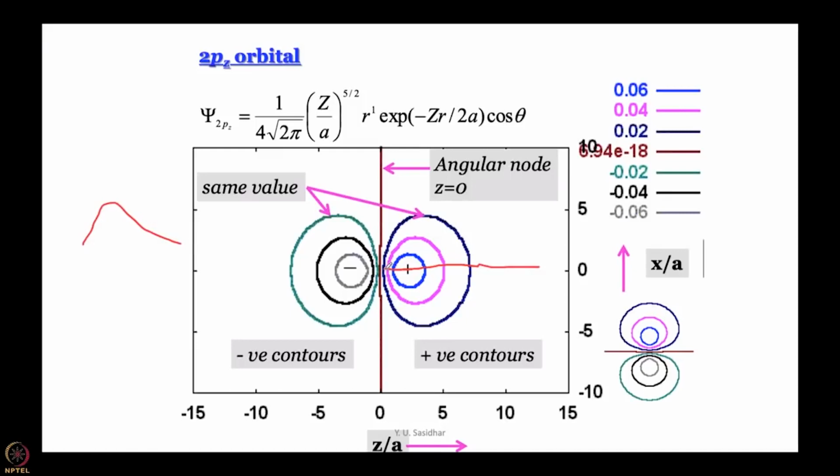Now, let us say I go along this radius. What will happen? Still it goes up and then comes down, but what I see is that I am not reaching this high value, the value is lower. So, you get a similar looking function, but the maximum value reached is not going to be that much. What about here?